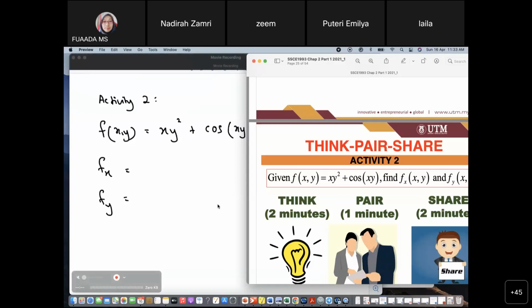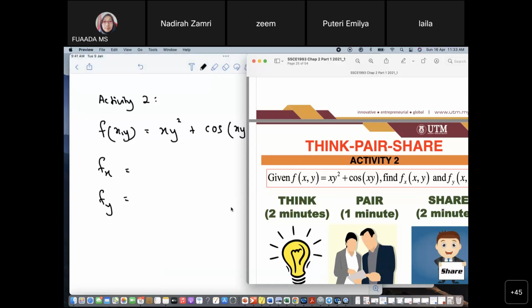Okay, you done? Okay, Ain, Erina ada dalam ni? Kalau tengok dalam list participant ada orangnya. Ain, Erina? Dah siap dah? Belum. Siapa lagi? Any volunteer?